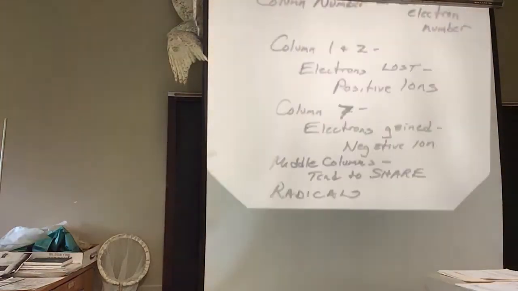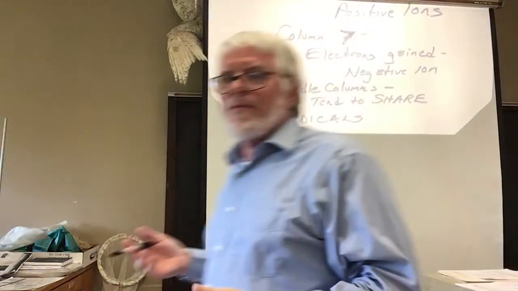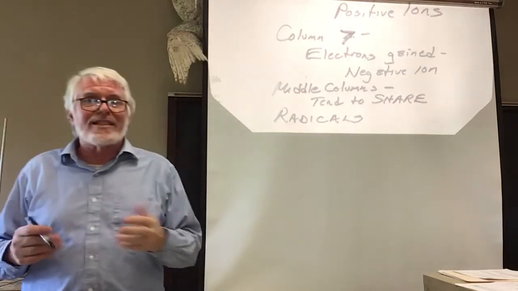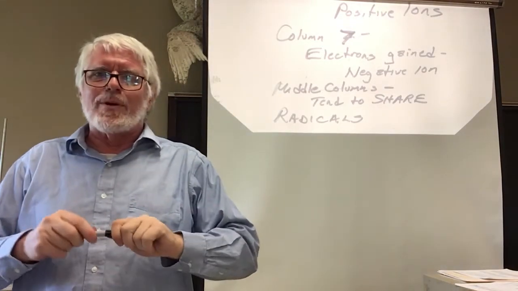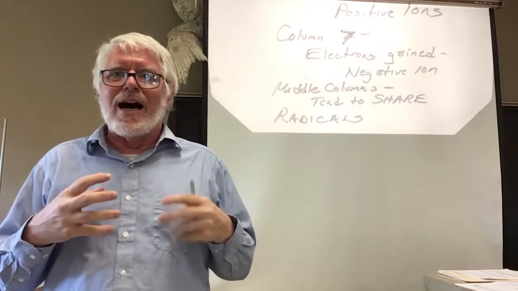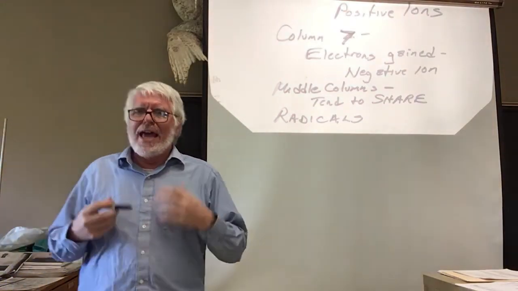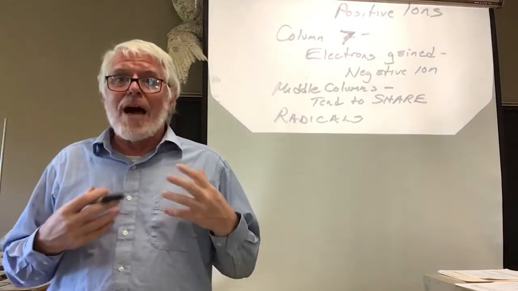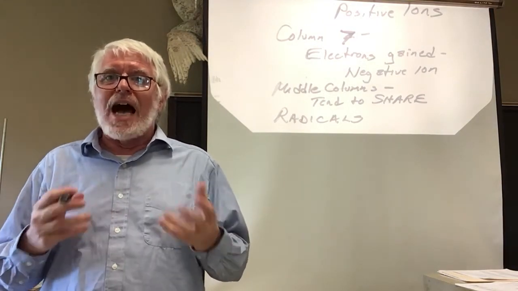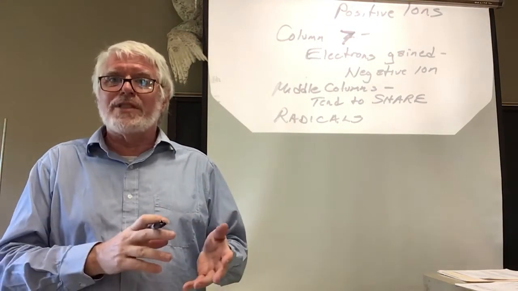Now, atoms or molecules that don't have a charge but aren't stable because their electrons are not stable are going to react by grabbing stuff or dumping stuff off. They're called radicals. And in our chemistry, the most common radical that we have to deal with is oxygen. Oxygen's in column 6.